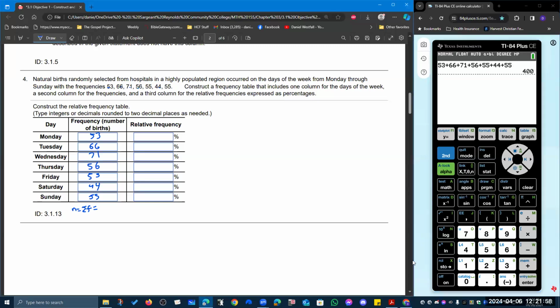And that's going to be 400. They tell us to round to 2 decimal places as needed. So I'm going to go into my list here and show you how I would do this.